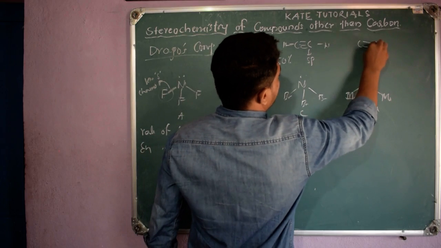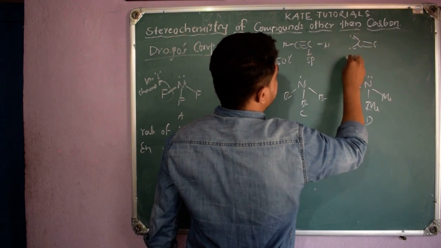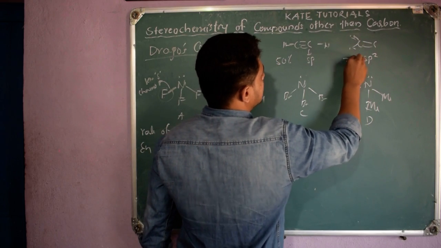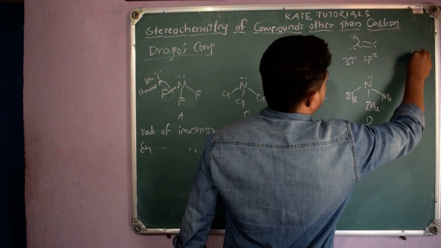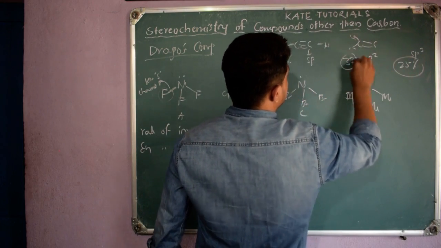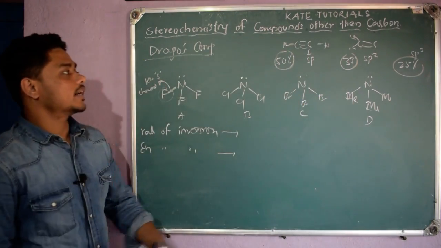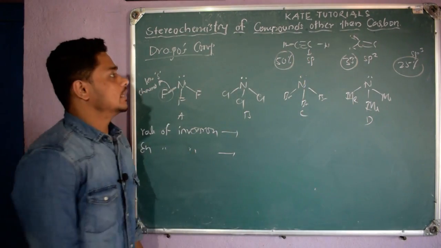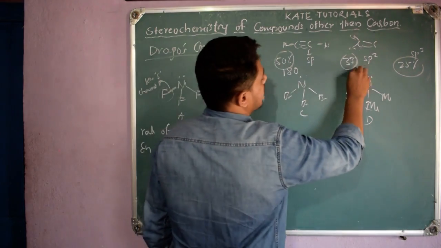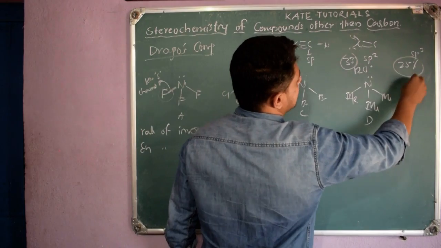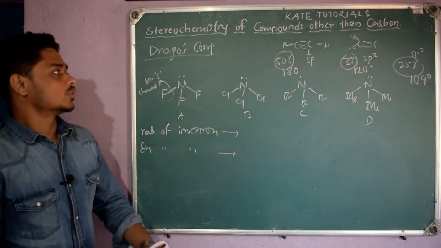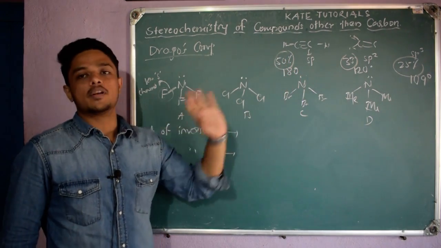If I take C double bond C and H, it is sp2, s character is around 33%. If I take sp3 like CH4, the s character is 25%. Whenever I have more s character, the bond angle will be 180 degree since it is linear. Here bond angle is 120 degree, whereas for sp3 the bond angle will be 109 degree, right? So whenever s character is more, bond angle will be more.